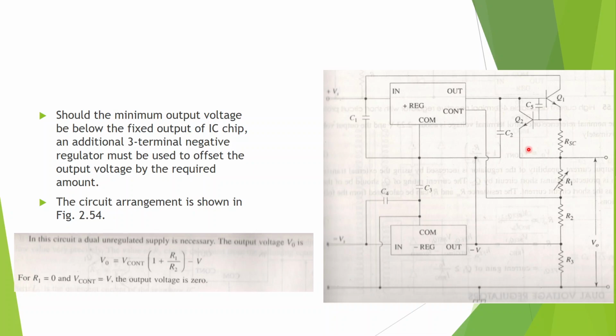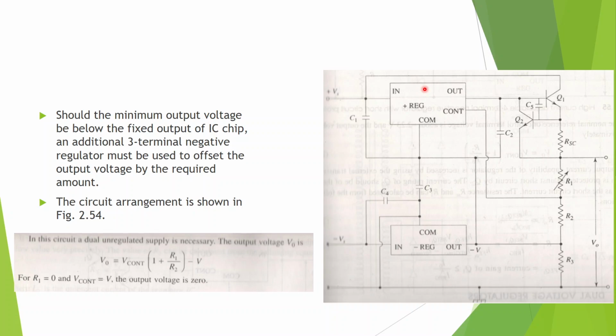Now suppose you have a requirement where you want the output voltage to be less than the minimum output voltage provided by the regulator IC. For example, the regulator IC gives a minimum output of 5 volts and you require 3 volts for your application. So what you do?